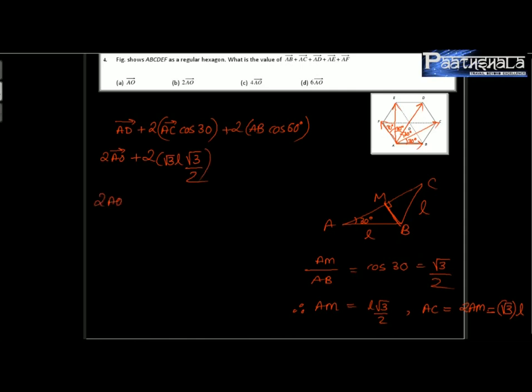So this is 2AO plus 3L, which is nothing but 3AO, and the final term is AB cos 60. AB cos 60 is AB upon 2. So this gives us only AB in magnitude, whereas the direction is that of AO. So this will just give us a single AO. So this is plus AO bar. So the answer comes out to be 6 AO bar.